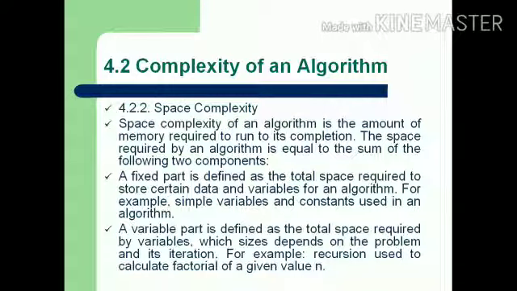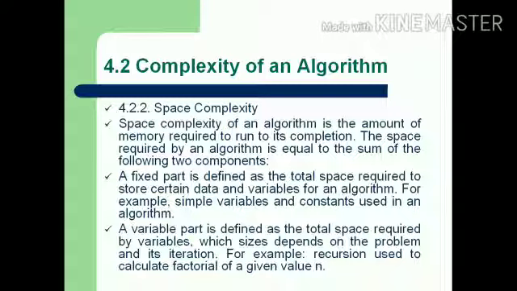Second is space complexity. Space complexity is based upon two parts because we are using different variables and different constants. Sometimes these variables are repeatedly used and stored in different names in memory space. Based upon these variables and constants, the space complexity is defined into two parts.